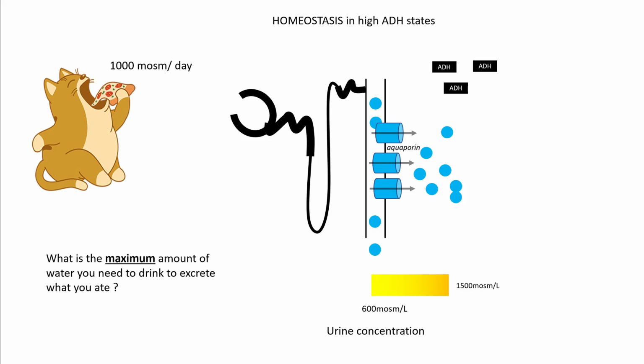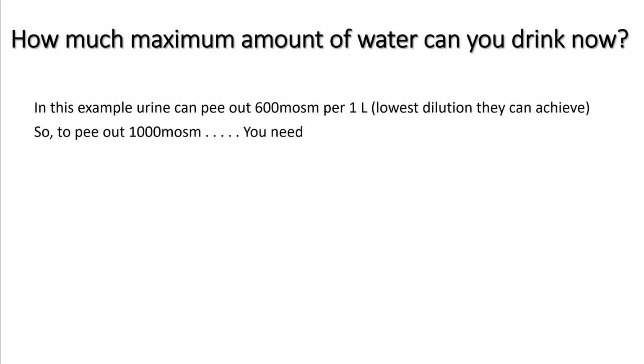So let's see, if this person eats a regular American diet, how much is the maximum amount of water that he can drink? To figure out the maximum amount of water that he can drink, this person has to make the most dilute urine. However, because of his ADH state, his urine diluting capacity is unfortunately at 600.